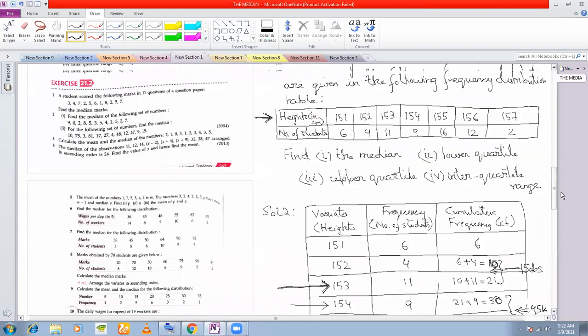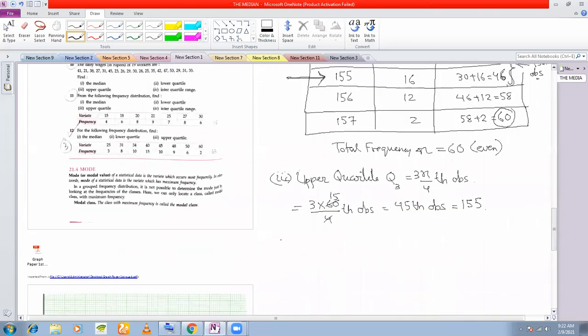The fourth question is to find the interquartile range. We have already found the upper and the lower quartile. So the interquartile range will be Q3 minus Q1, which is 155 minus 153, the lower quartile we found, which is 2.